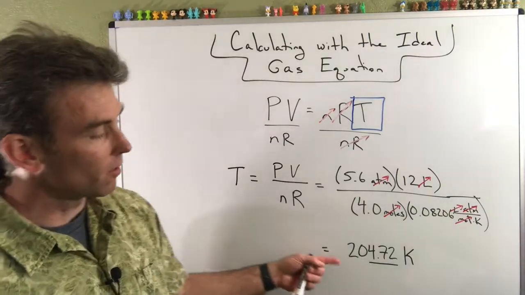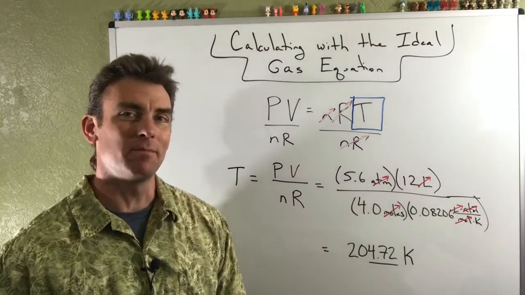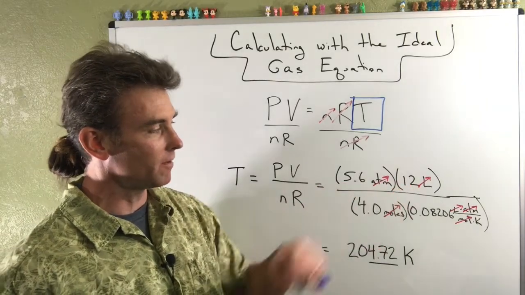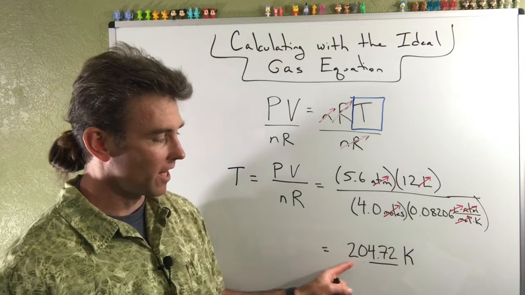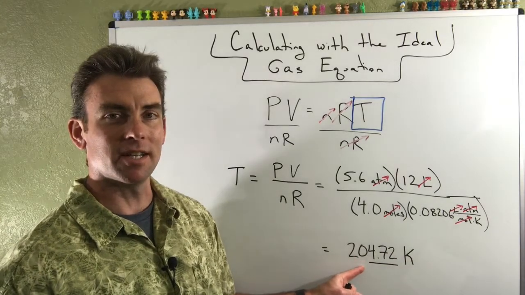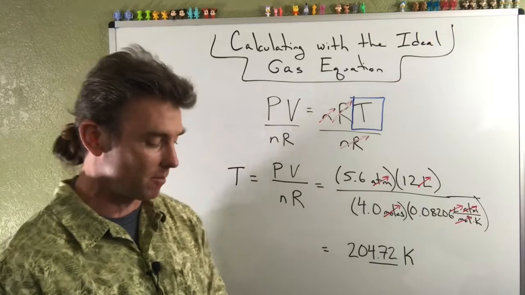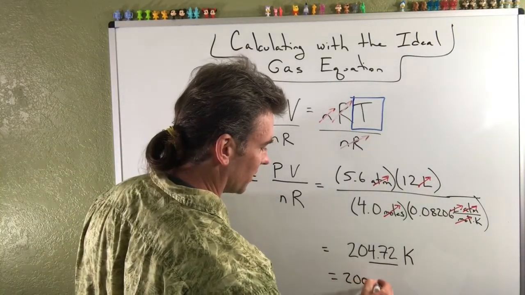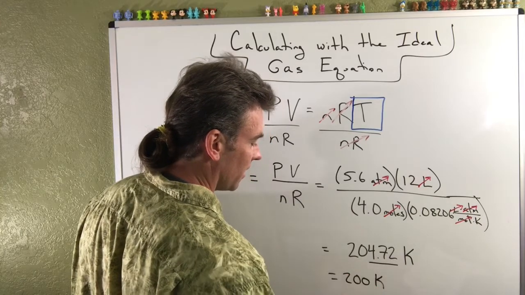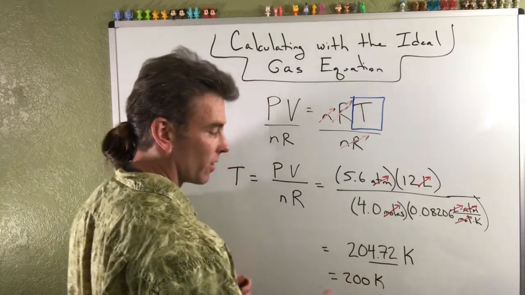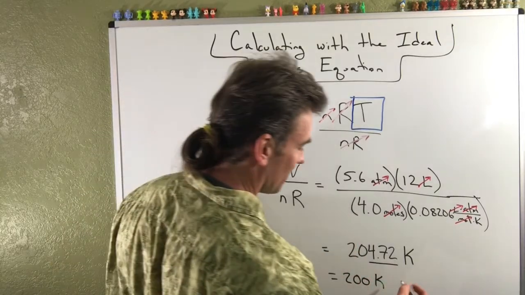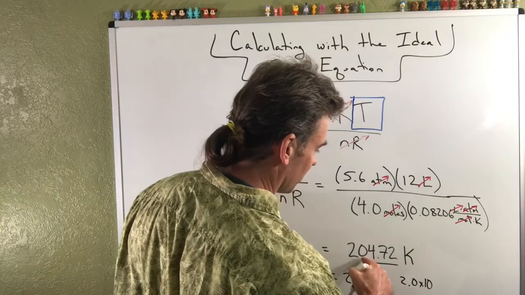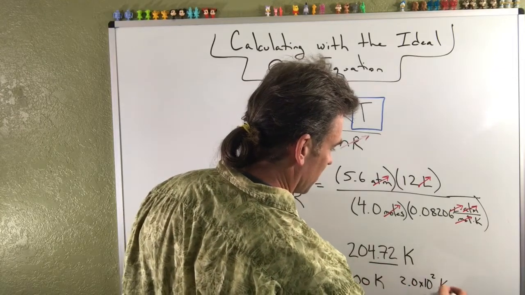So here's our answer. Once again, sig fig wise, this usually makes people a little bit mad, but because of the imprecision in these two significant digit numbers, you'll notice that I'm only allowed to include two significant digits down here. Which means that when I round this number, you're probably going to be mad at me, because what this thing actually rounds to is 200 K. If you're going to write that in scientific notation, obviously it would be 2.0 times 10 to the 2 Kelvin, right?